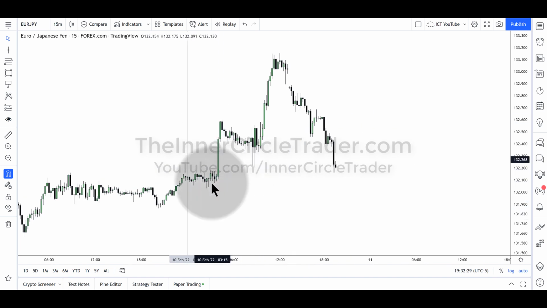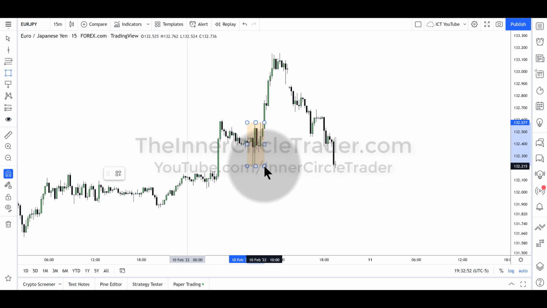Market rallies in here. And then we go into the New York session right here. So we're going to go into this price structure and ferret out the run that occurred in here. I'm going to put a rectangle in this area so we know what we're looking at relative to this 15-minute time frame.